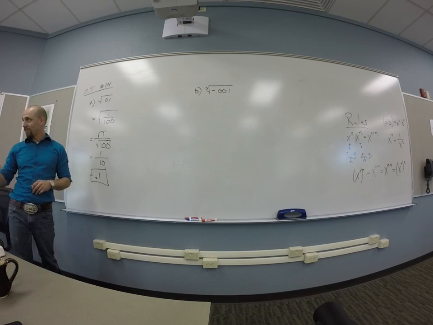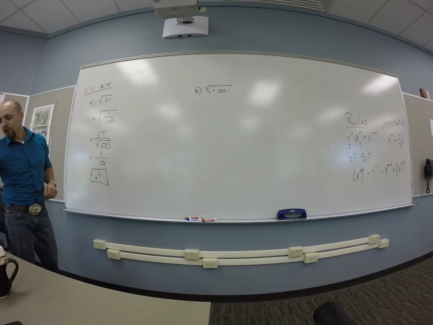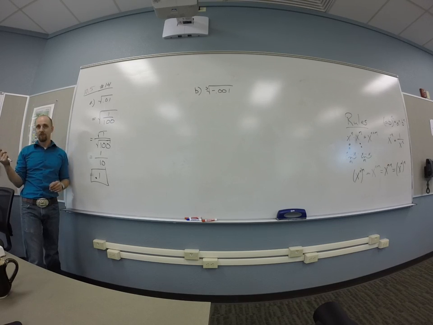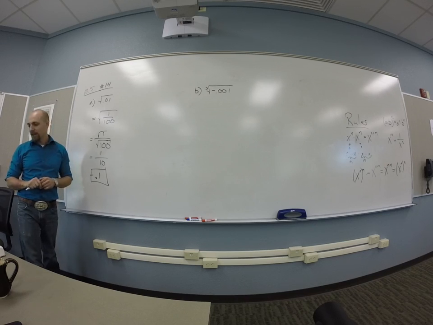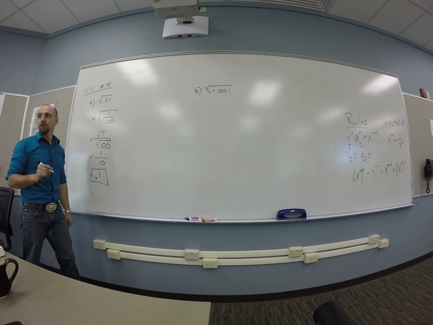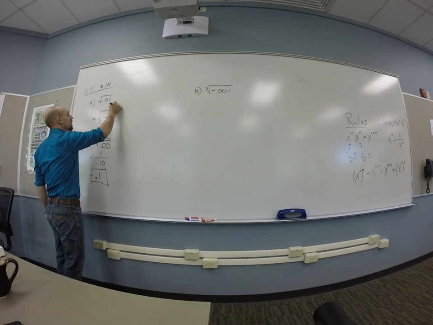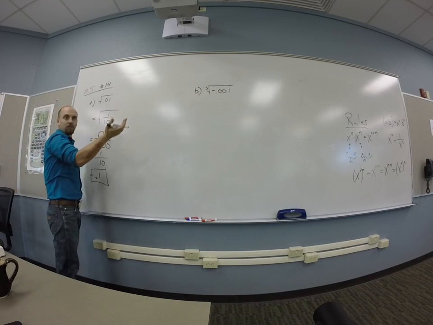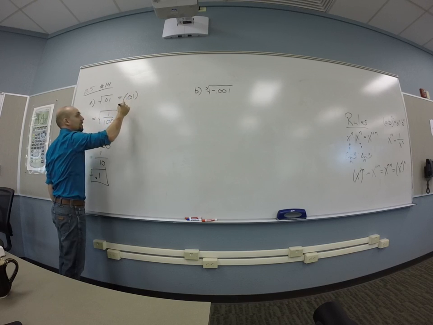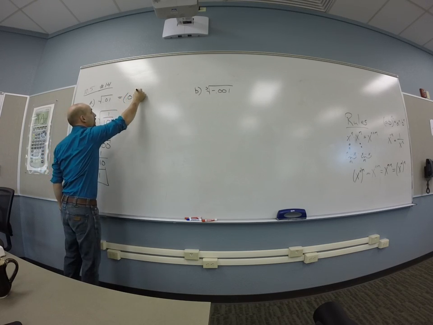Okay, that's why the last step in each word problem is reread the problem. Make sure you answer the question. So I did the evaluate each expression part, right? You guys see that? But I didn't do the rewrite using a rational exponent. So how do I rewrite this as a rational exponent? I should say this is 0.01 to the 1/2.